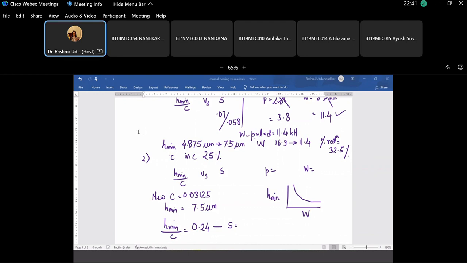Okay. So if S is 0.05, again give me what is the value of P, load carrying capacity, and give me what is the pressure and what is the load carrying capacity. The formula for Sommerfeld number, everything is known. Use the new value of C, R remains the same, Z is same, N is same. What is the value of pressure P?